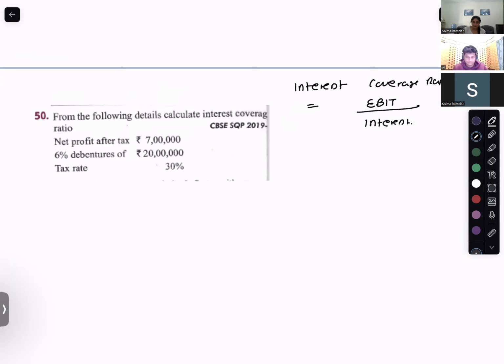What does this tell you? That my profit is capable of paying interest. It tells you how many times my profit can pay interest. Come on, no problem.